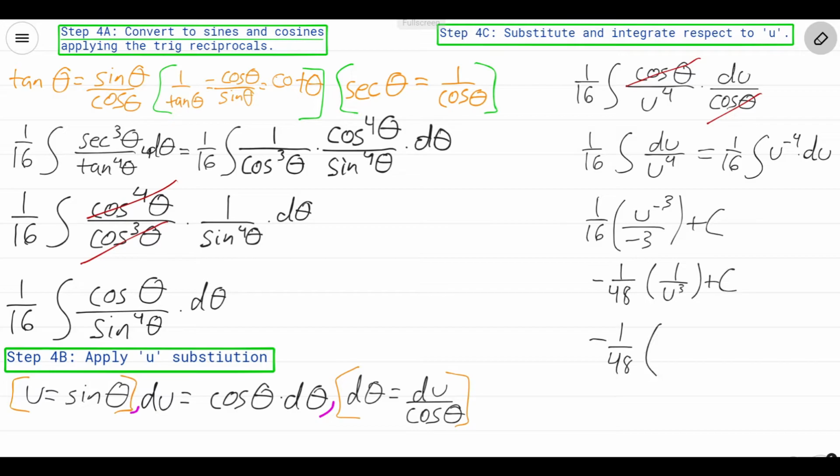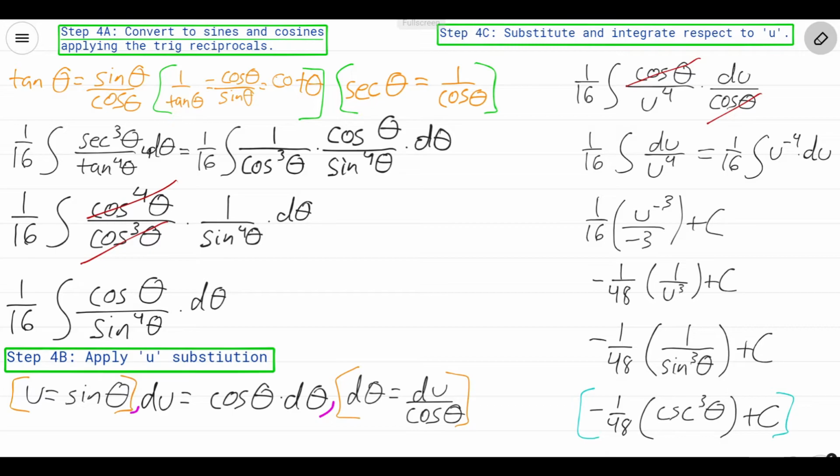Plugging our u back in, it's sine cubed theta, so we get negative 1 over 48 times 1 over sine cubed theta. We can rewrite 1 over sine as cosecant, so cosecant cubed theta, plus c.